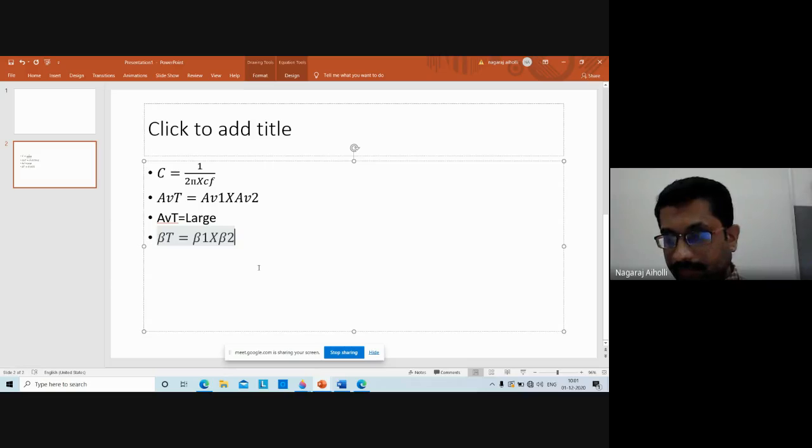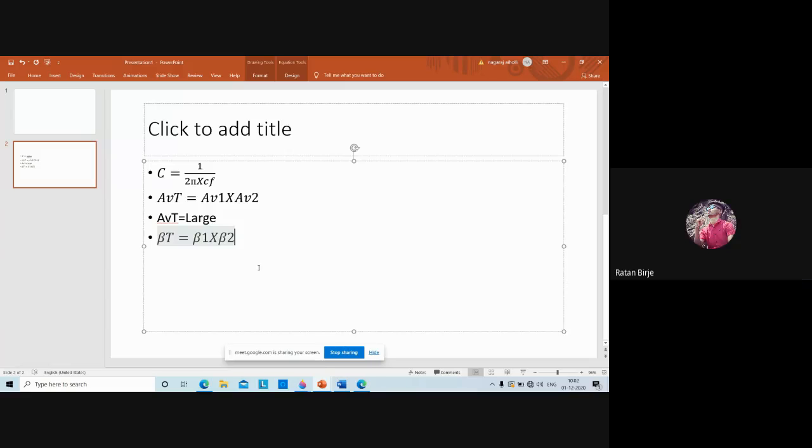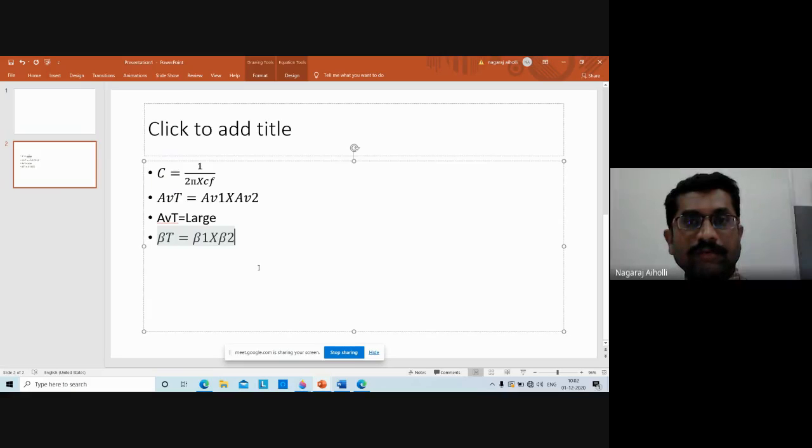Anybody? Ratan? Birje? Output current by input current. Exactly, output current by input current, that is the current gain.